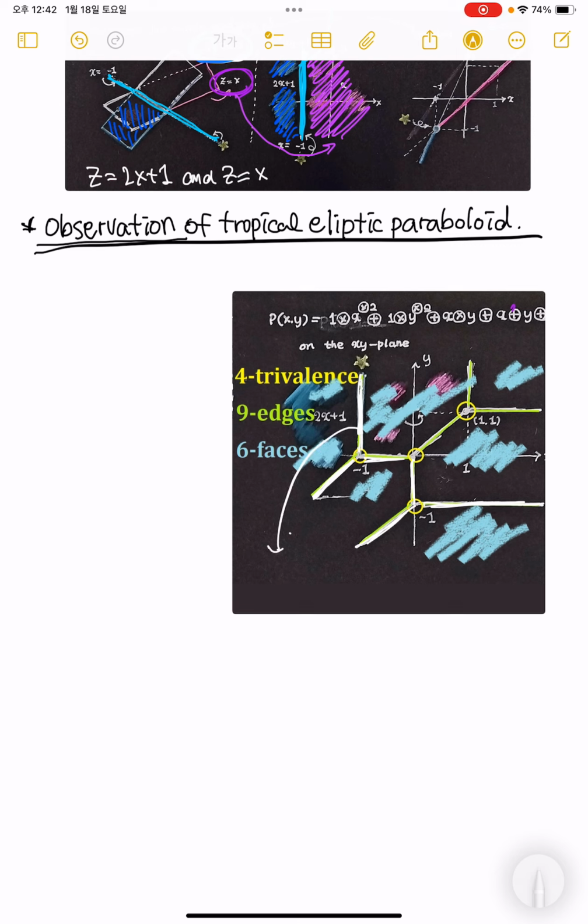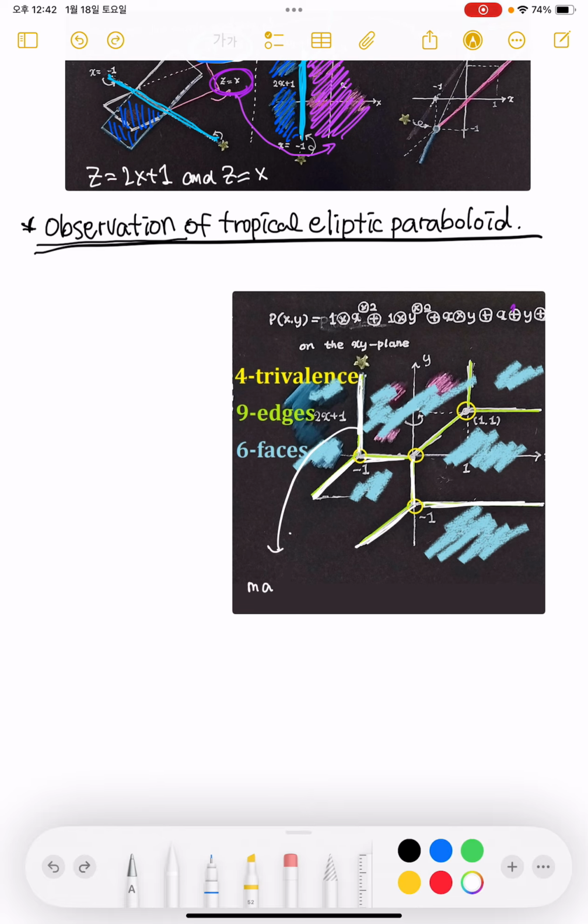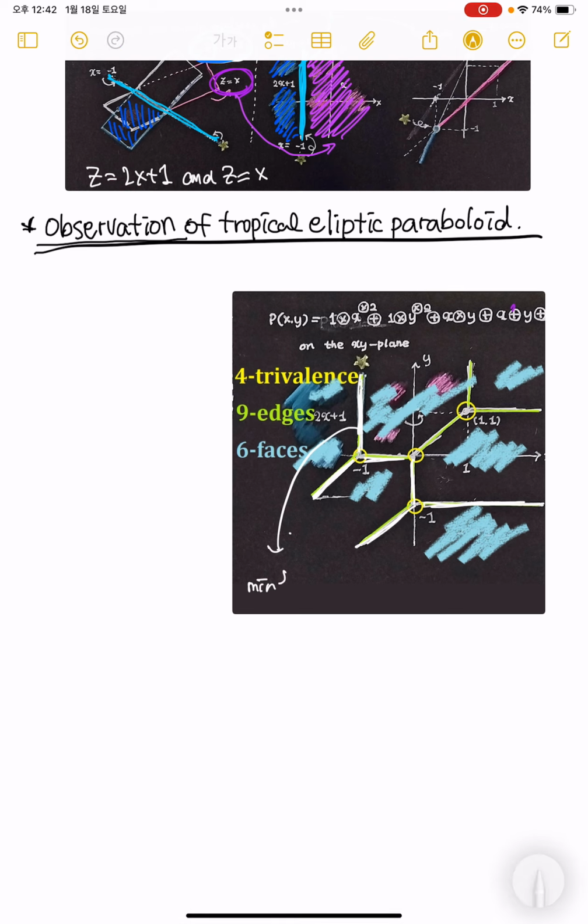When compared to max 2, in this I will define minimum. This line is also like a quadratic function, a tropical quadratic function.